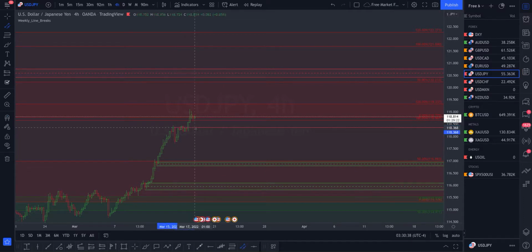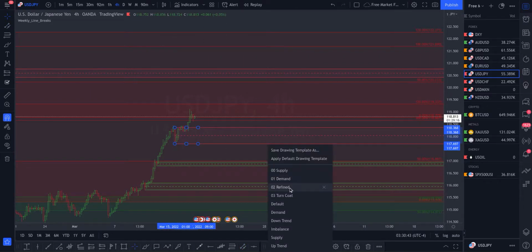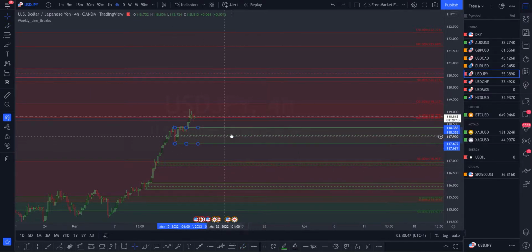We have had the creation of this demand zone, but price hasn't really come back to it to trade off of. We've actually broken this institutional distribution.